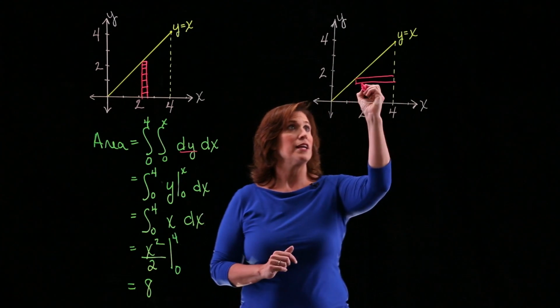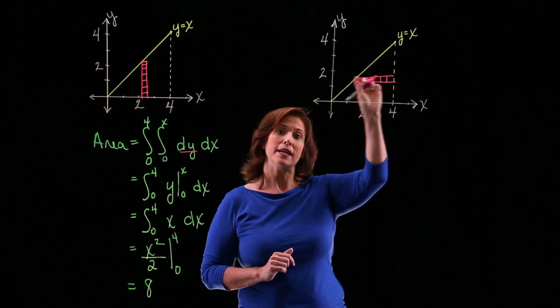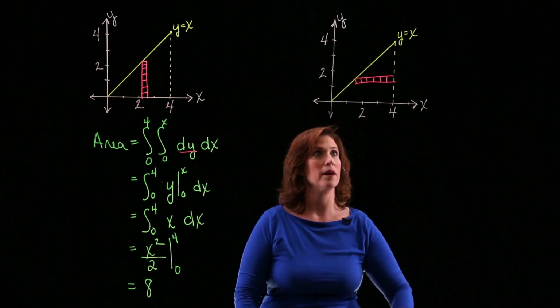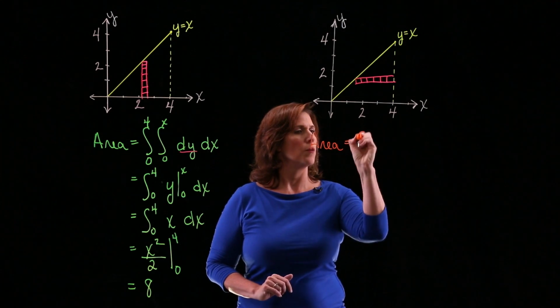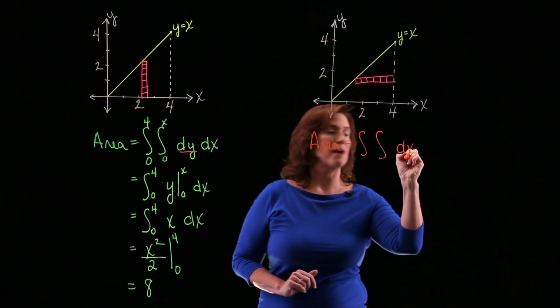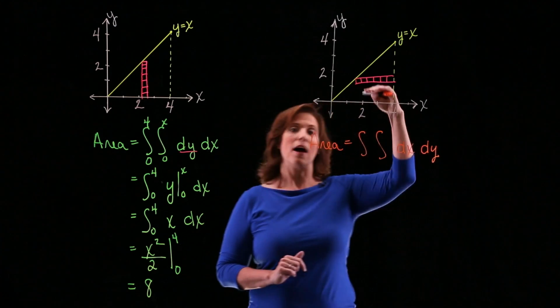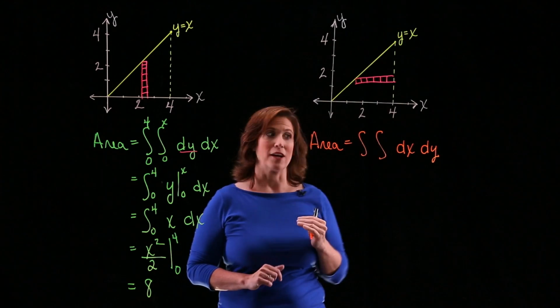So you can see when I set up the iterated integral, and I'm building up this piece, I'm going to have changes in x. So my area with my iterated integral, I'll be integrating with respect to x first, and then after I do that, I'll build up my representative elements in the y direction.